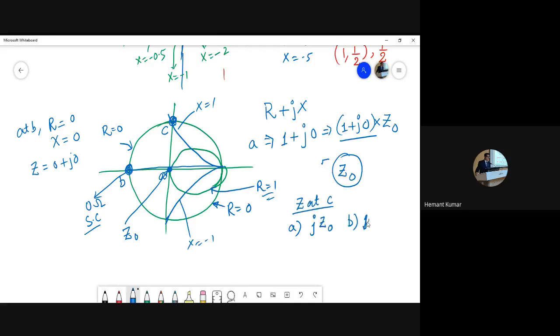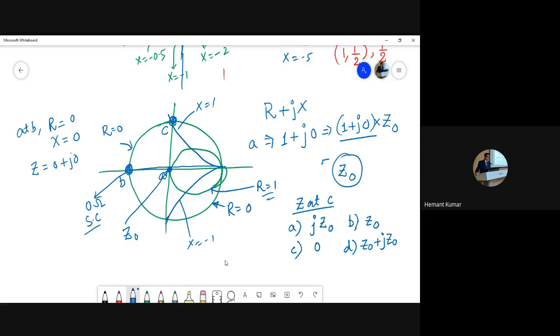Option B is Z naught. Option C is 0. Option D is Z naught plus jZ naught. So which one is the correct answer? Please type in the chat box.